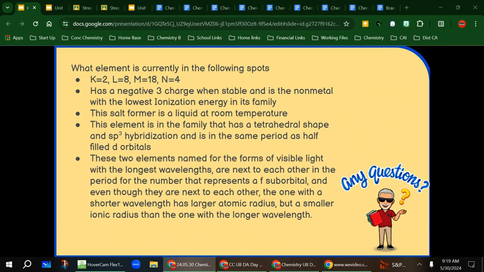Would an F suborbital be what? 7? Well, the F suborbitals do fill in the 6th and 7th periods, yes.